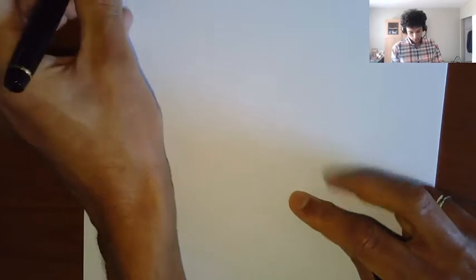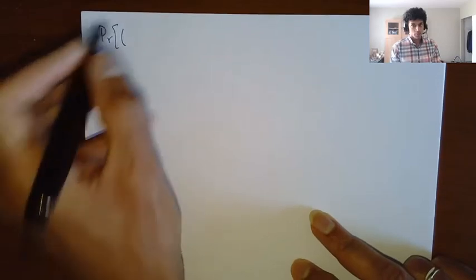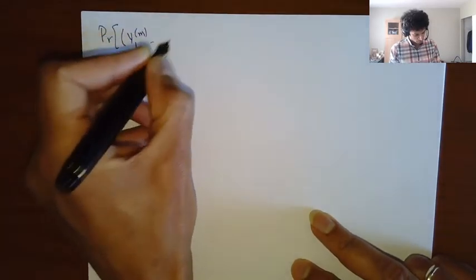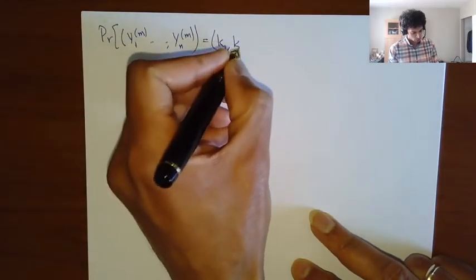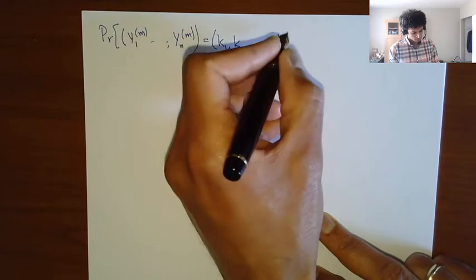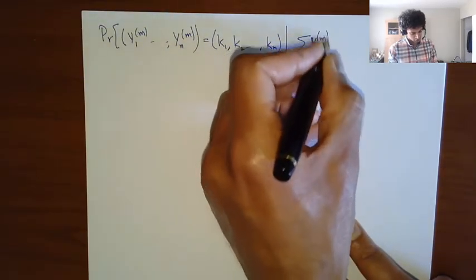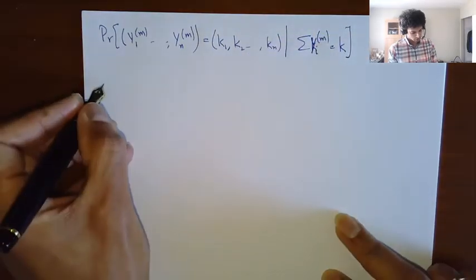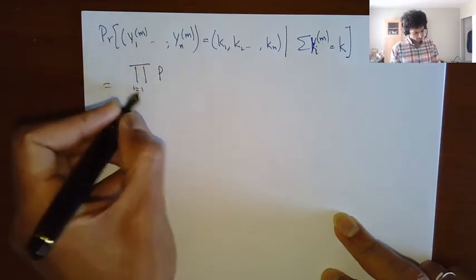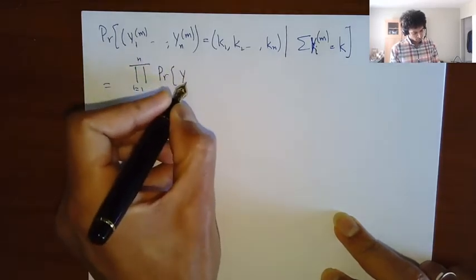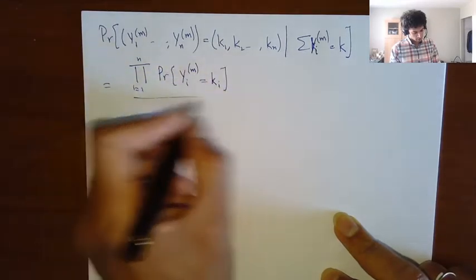So what I get for this probability, the probability that y1m up to ynm is equal to k1, k2 to kn, conditioned on the summation of yim being equal to k, I can write as the product, i going from 1 to n, of the probability that yim takes the value ki.